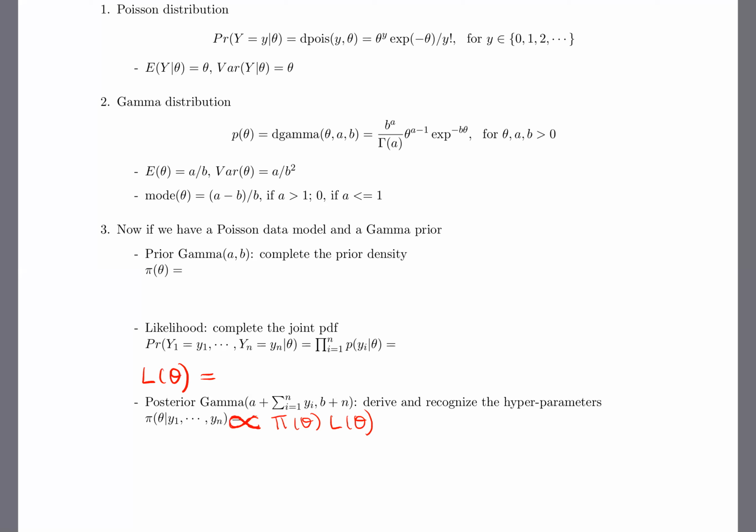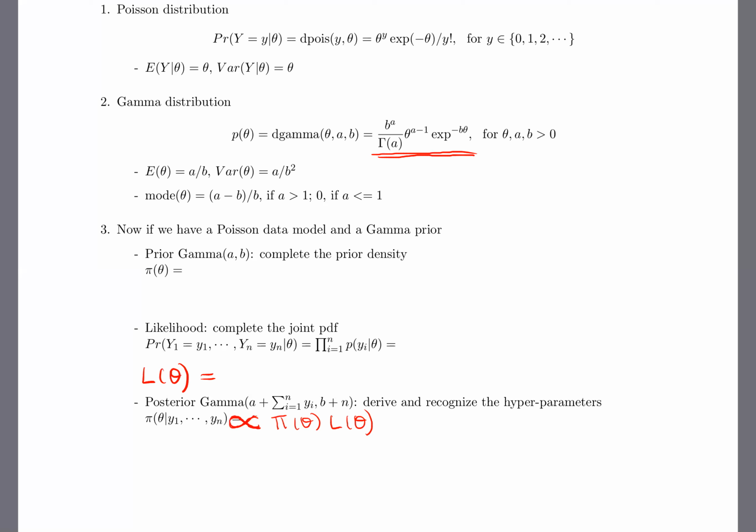Throw them into the proportional sign and only keep the terms about theta. And then at the end of the day, you'll be able to recognize it as a gamma. And of course, you should refer back to the gamma density that we showed up here to recognize what it is. Okay.